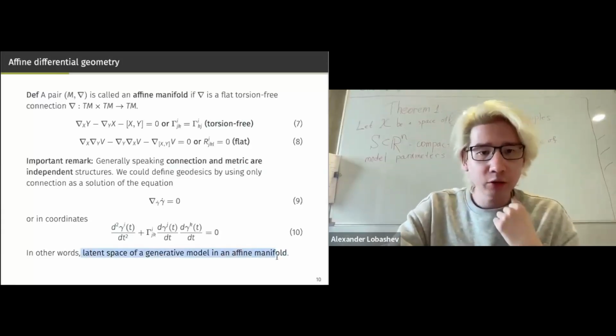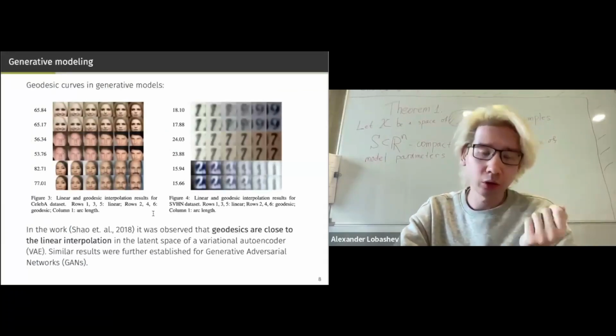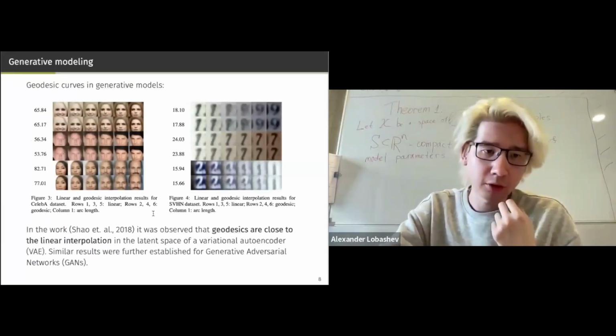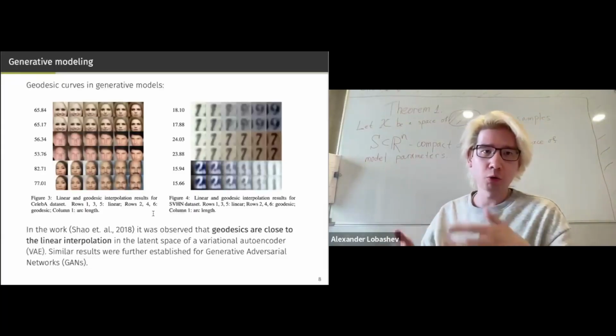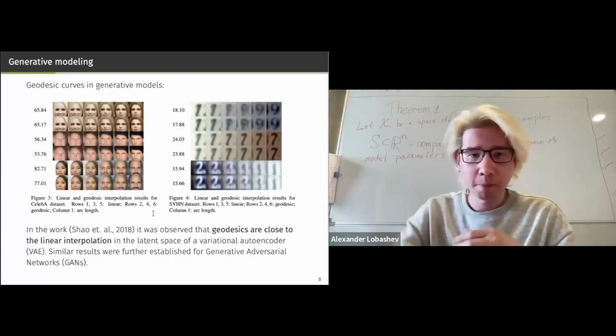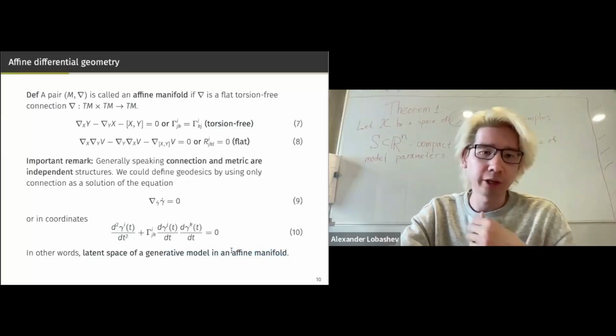So in other words, what is the interpretation of these results of Shao et al. and a lot of similar work? It means that for data supported on some single mode, its latent space could be modeled as an affine manifold, which admits a flat connection.